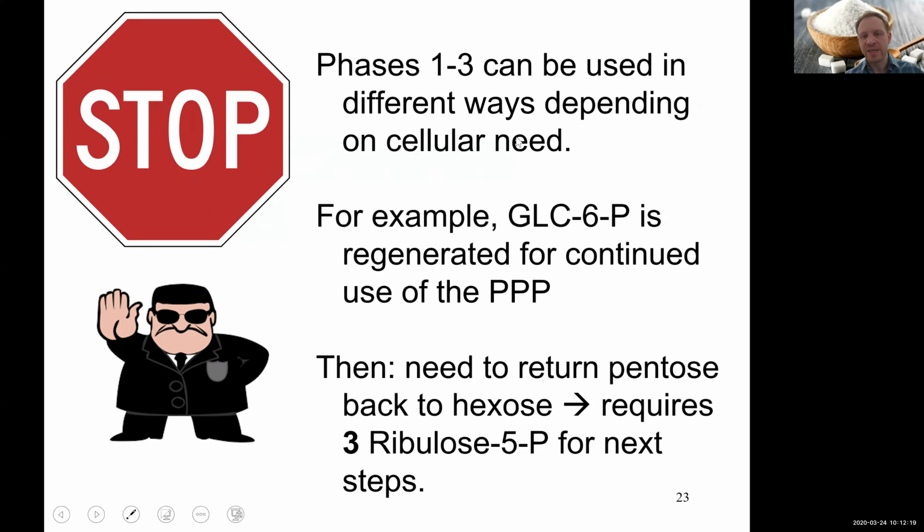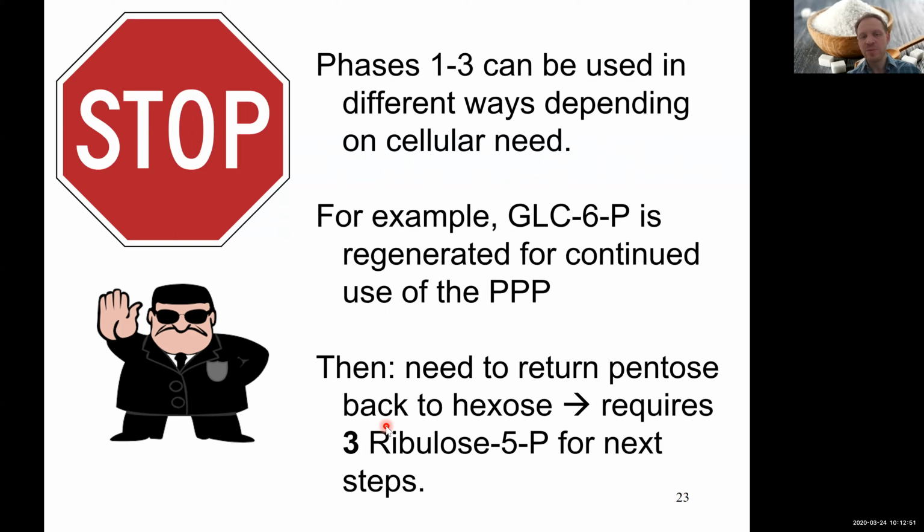Then we need to run this first oxidative phase again, and we have to do so 3 times because we have to regenerate glucose 6-phosphate. But our issue here is that glucose 6-phosphate is a 6-carbon sugar. What we have generated was ribulose 5-phosphate, which is a 5-carbon sugar. So somehow we have to get back to 3 6-carbon sugars. We have to get that carbon back that we decarboxylated.